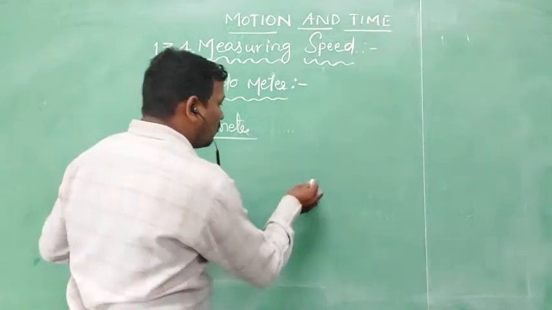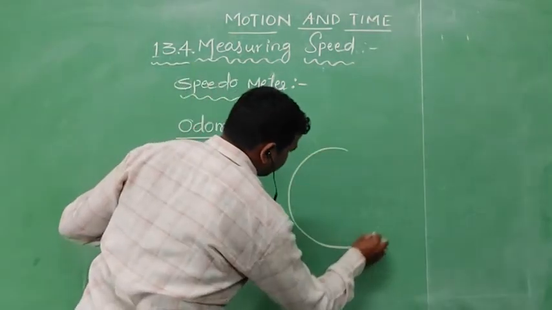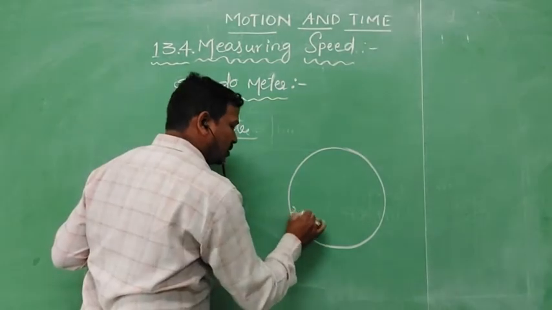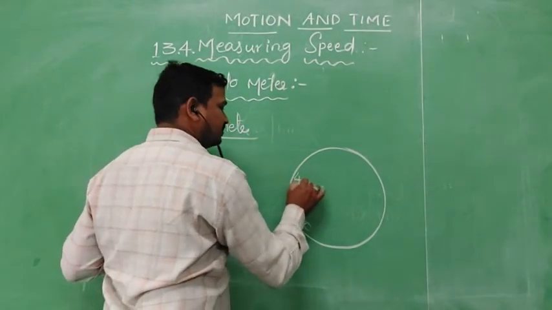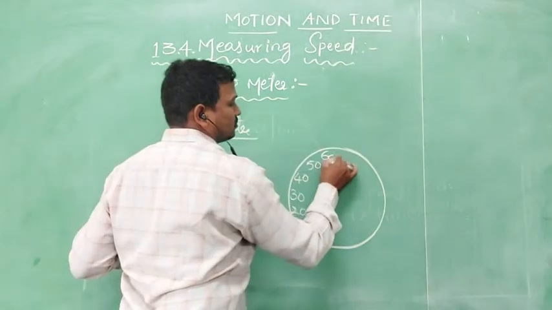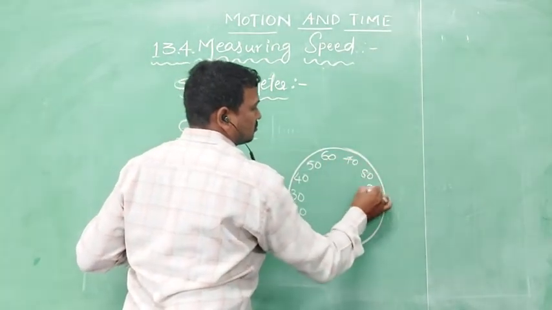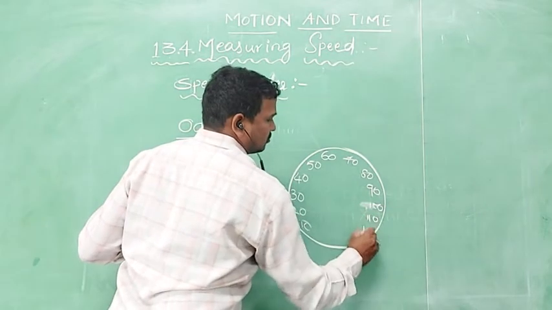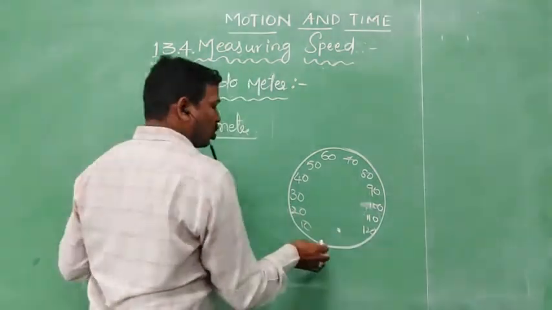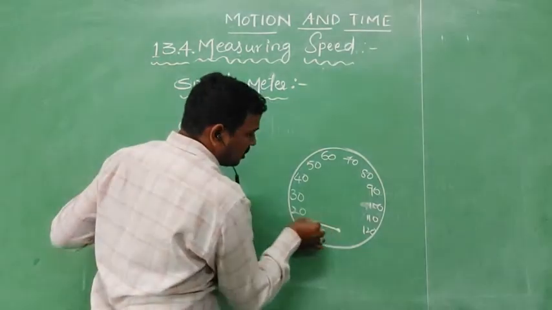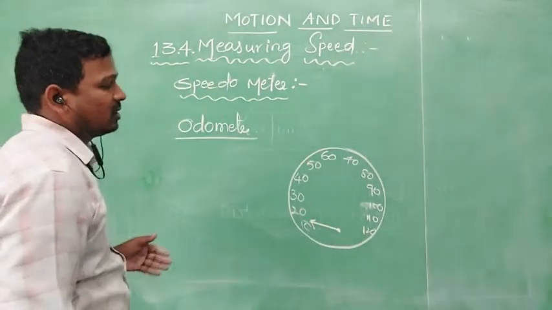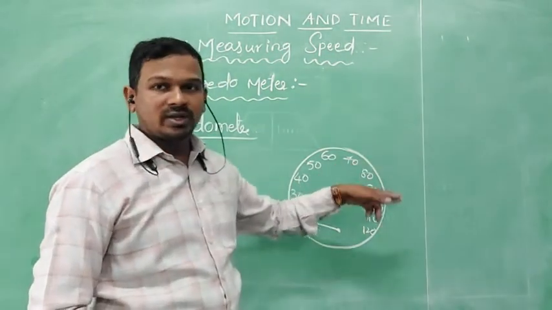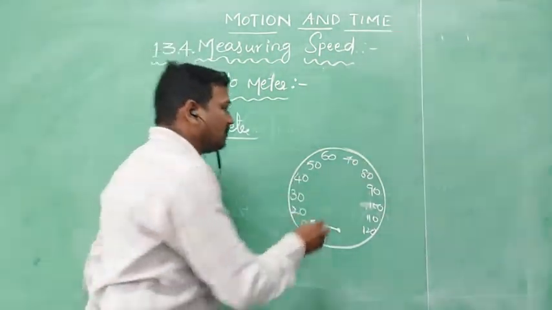Now, how does it look like? Here will be 10, 20, 30. Here one clock face will be there, with one hand. Based upon our speed, this hand will show with what speed we are going, in kilometer per hour.